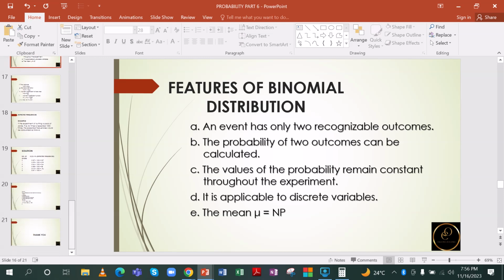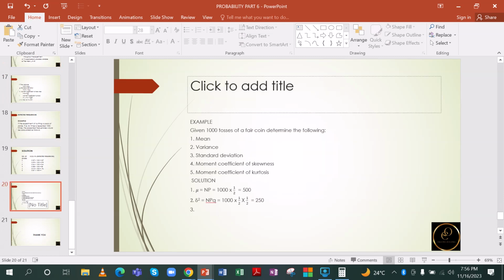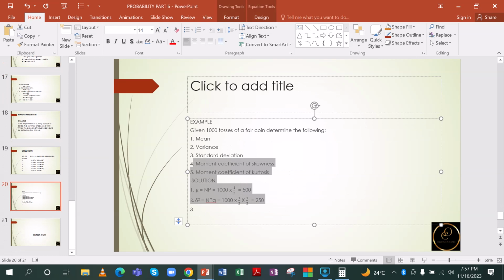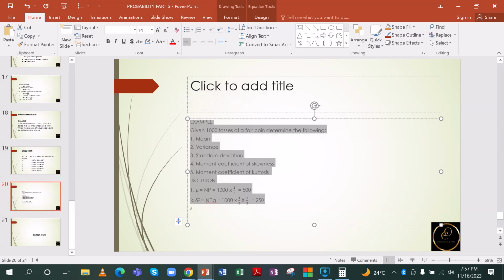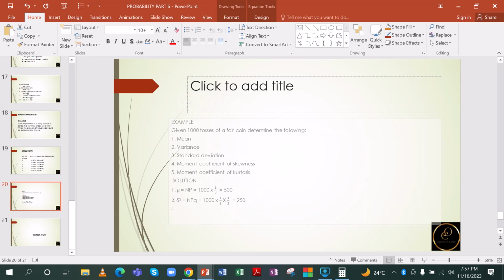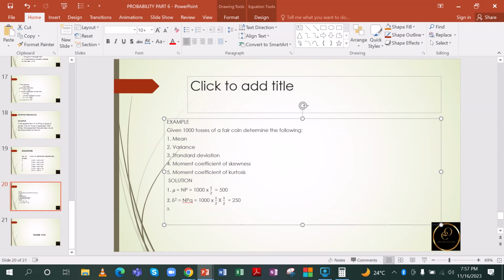Okay. So now, make this one bigger. A bit down so that you can see.